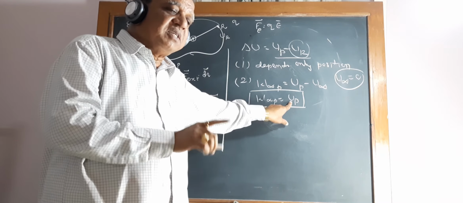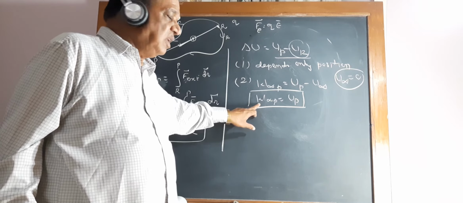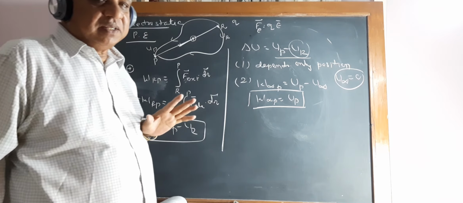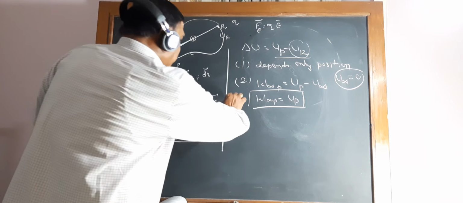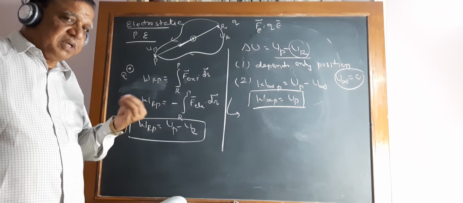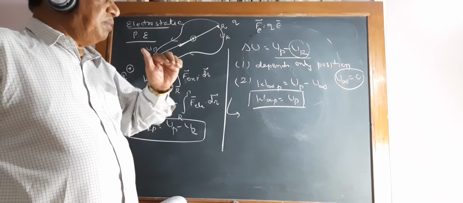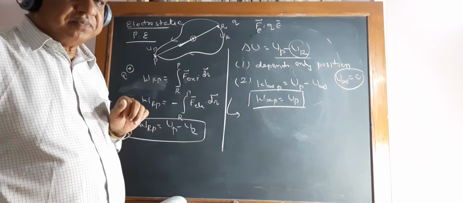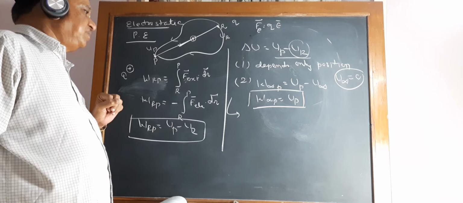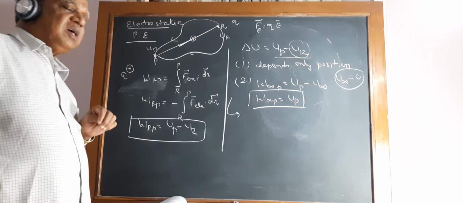Potential energy of the test charge q at point P, means work done in bringing a charge from infinite to a given point P. So again, definition: work required to be done on a test charge from infinity to given point against electric field is known as potential energy at that point.